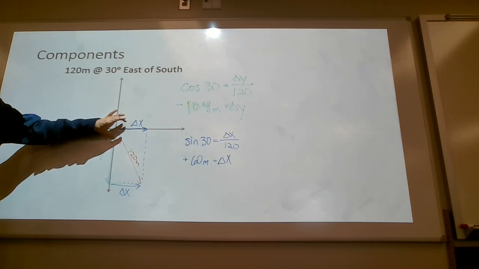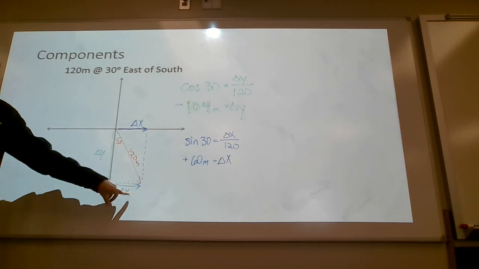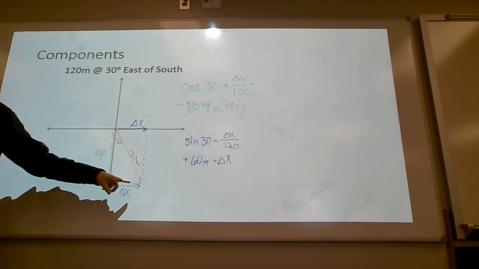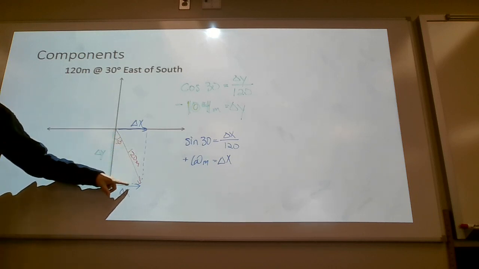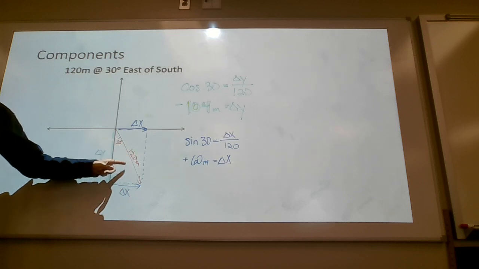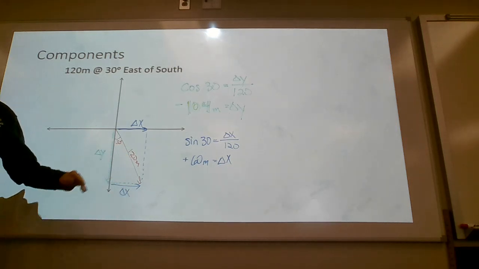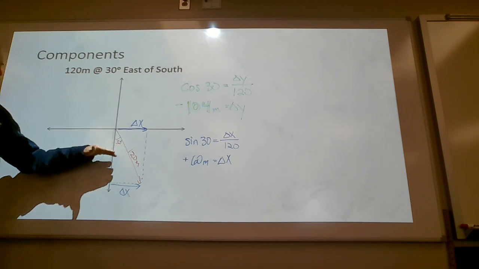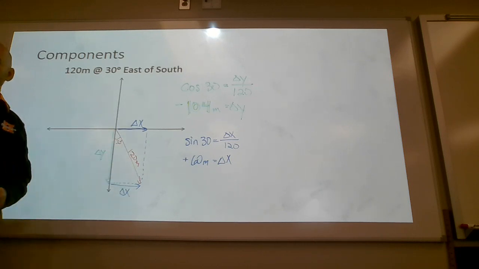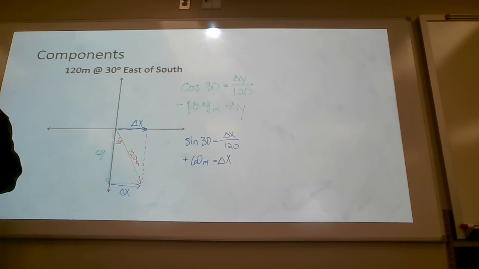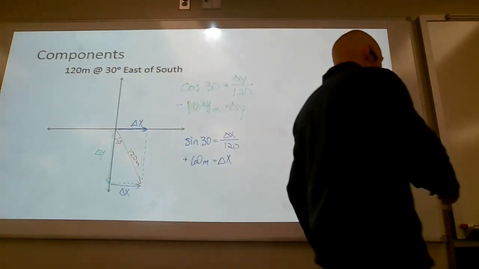If we find the resultant of these two, the blue and the green, head to tail, we get, what? That's like what we started with. Whoa. So when we find the resultant of our components, we're left with our original vector that we had. That make sense? Okay. So that's components.